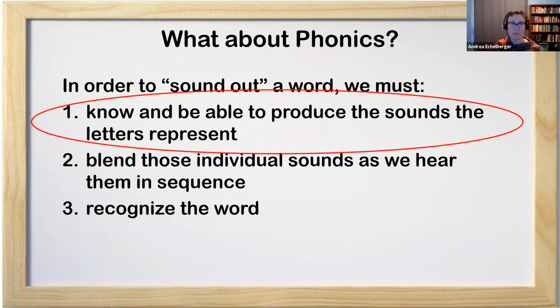So what we're going to be talking about today is, how do we practice knowing and producing the sounds letters represent, but also how do we do that blending? And then we cannot forget the importance of oral vocabulary development, because in order for people to recognize a word, they will have to be able to say it out loud, hear it, and then have it in their internal lexicon, their internal vocabulary.